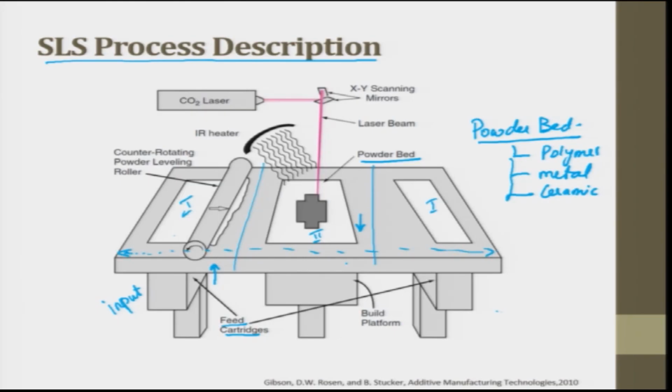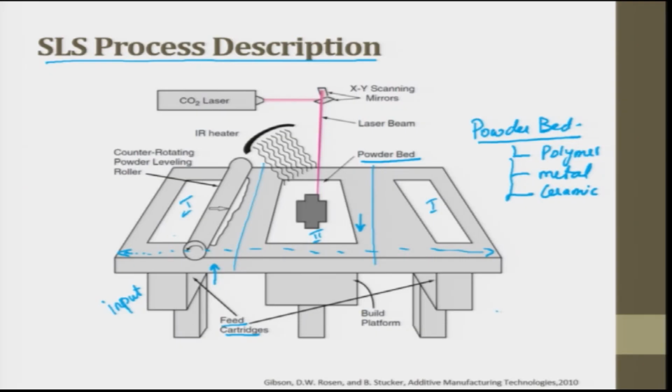When it travels, the excess powder, by lifting this feeder by one layer, is pulled and spread over the bed, and anything extra the roller takes to the other feed cartridge. Now the roller has come to the other position and it waits there.